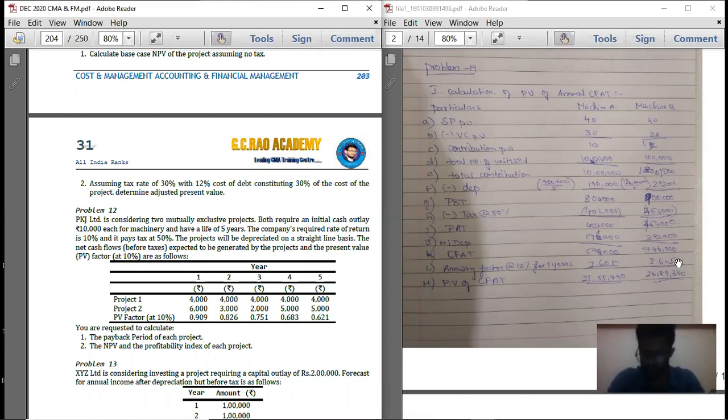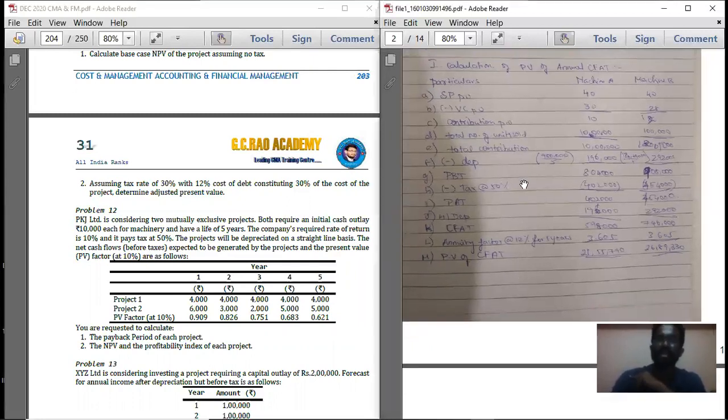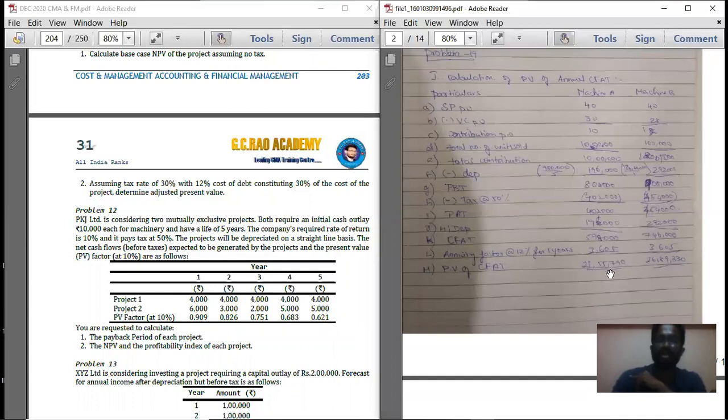You are getting 26,89,330. So in respect of that, 21,55,790 and 26,89,330, record small m, present value of cash flow after tax, that is CFAT. So done. With that we have calculated the present value of annual CFAT.